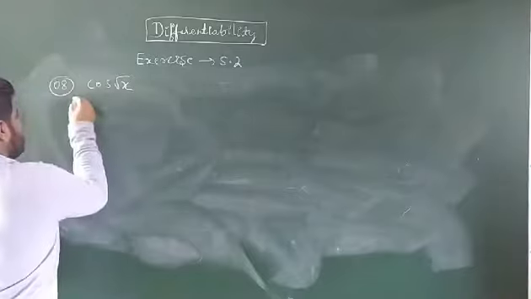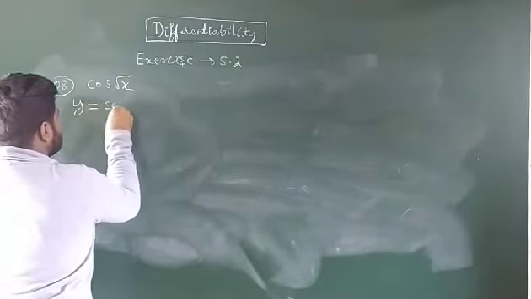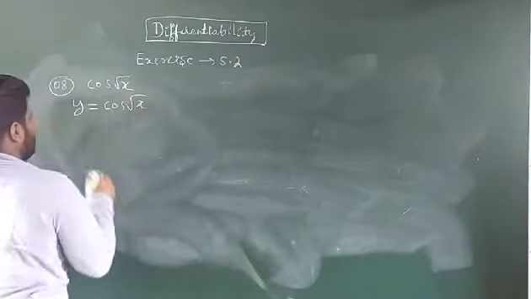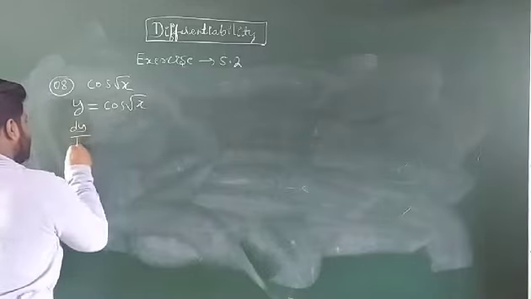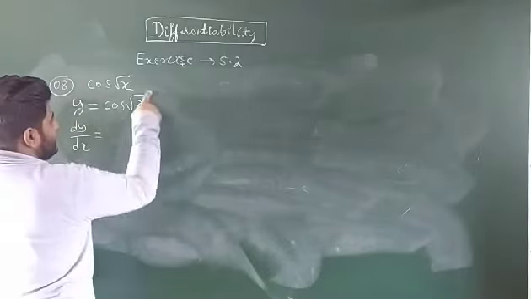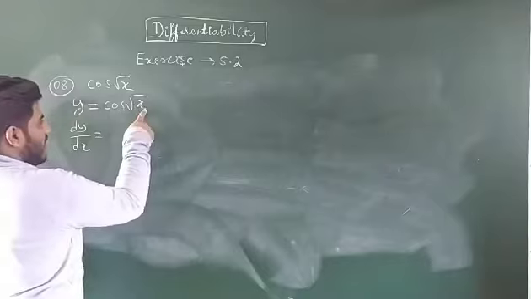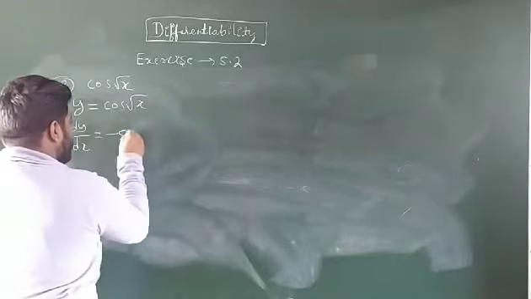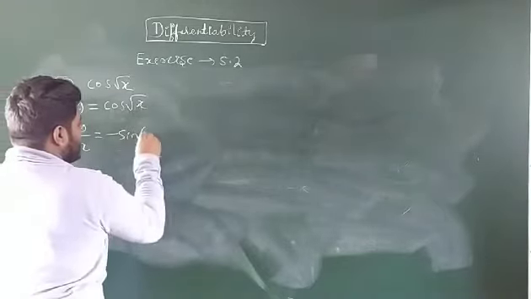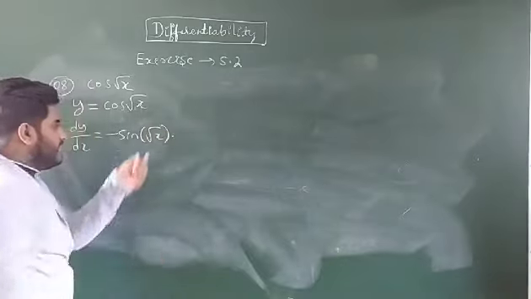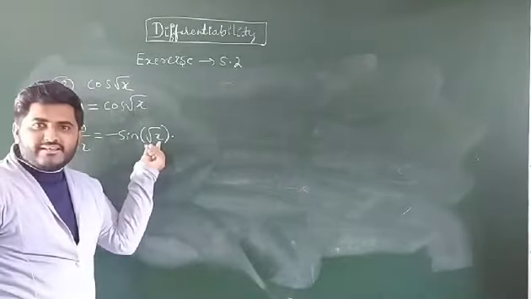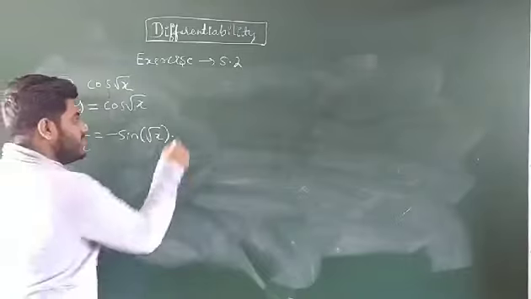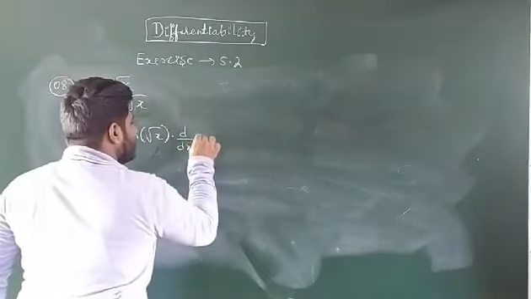That means take the given function as y is equal to cos of root x. Now differentiate with respect to x, dy by dx equal to, treat this as x, right? Differentiation of cos x is minus sin x. Minus sin, in place of x, what are we having? Root x. If it is x, it ends here only, but here it is root x. Again we should take d by dx of root x.